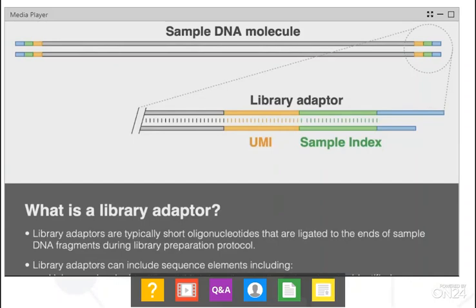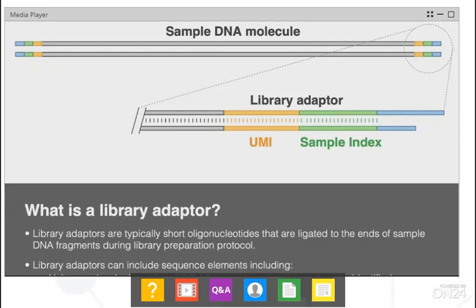So, let me first start by describing what a library adapter is. Library adapters are short oligonucleotides that are ligated onto the ends of your sample DNA during library preparation. These adapters include sequences such as primer binding sites that are needed for the sequencing reaction. Over the years, additional functional elements have also been added to these library adapters.